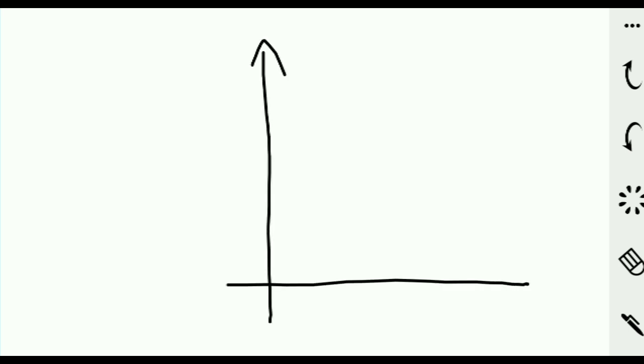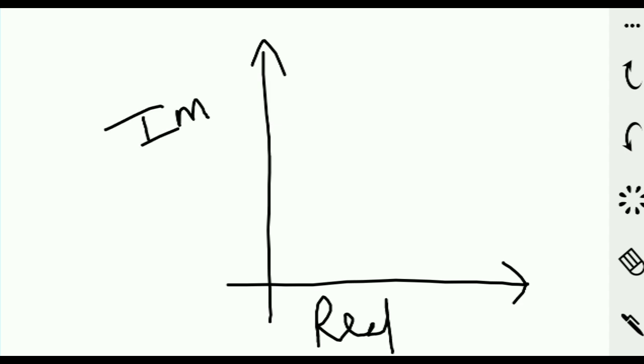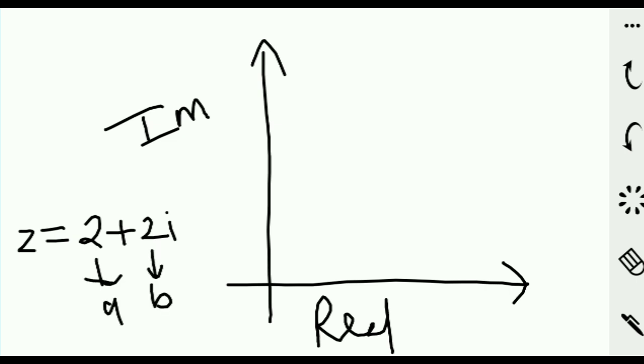So let's discuss complex numbers graphically. Graphically we will discuss like this. This is your real axis, and this is your imaginary axis. For example, you have a complex number z equal to 2 plus 2 iota. So this will be your a and this will be your b. You will have a on this axis.